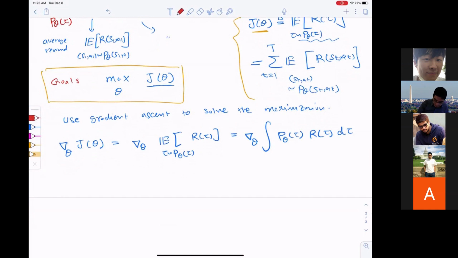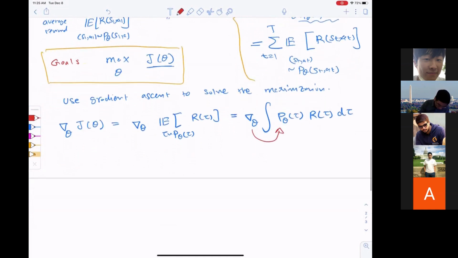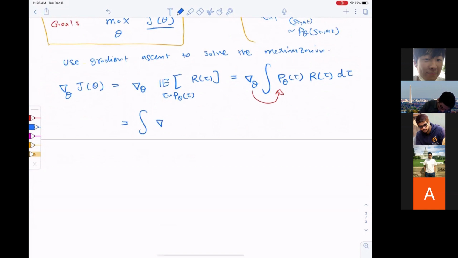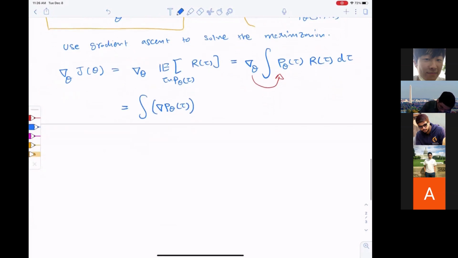And integration is linear, so the gradient will get into the integral. So I'll have gradient of p sub theta of tau times the reward associated to that trajectory, d tau. Okay.